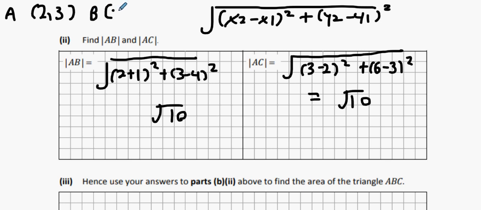Oh, it's minus 1, minus 2. Give me a second. For me, no, but for you, yes. You can do it 2 different ways. The main thing is we both got root 10. I switched around my x1s and y1s compared to what you did, so that's why we have disagreeing answers.